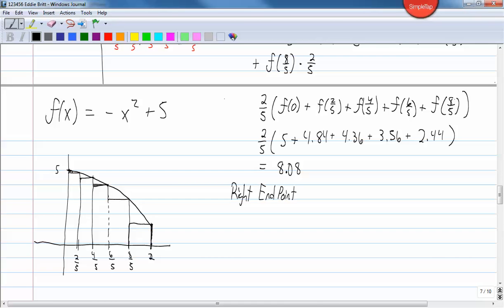Alright, and so you can see all of these leave a little space up here. So for this particular function, using right endpoints is going to give me a lower sum.